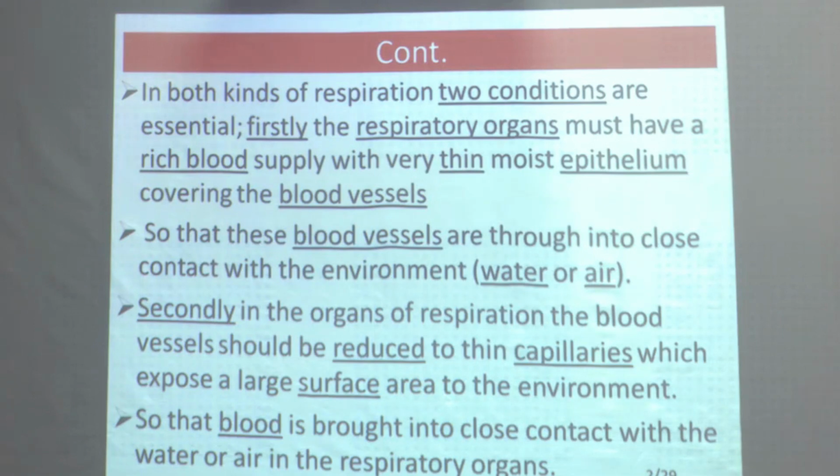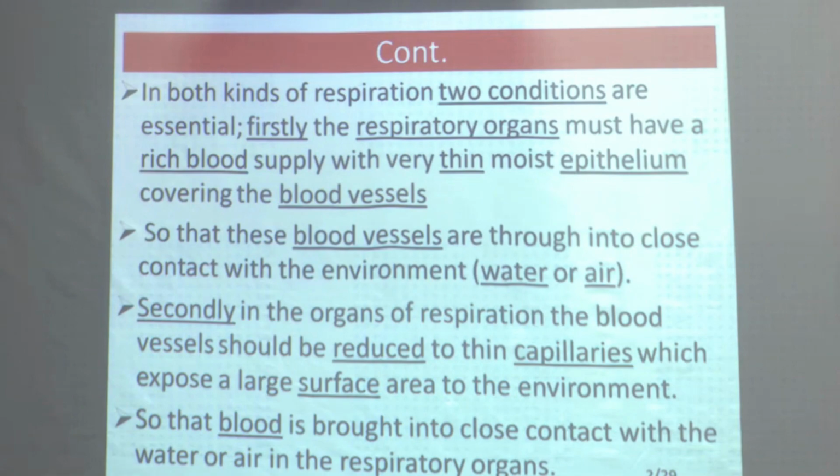Secondly, once the blood gets there, what happens? The blood vessels in the organs of respiration should be reduced to thin capillaries which expose a large surface area to the environment, so that blood is brought into close contact with the water or air in the respiratory organ.